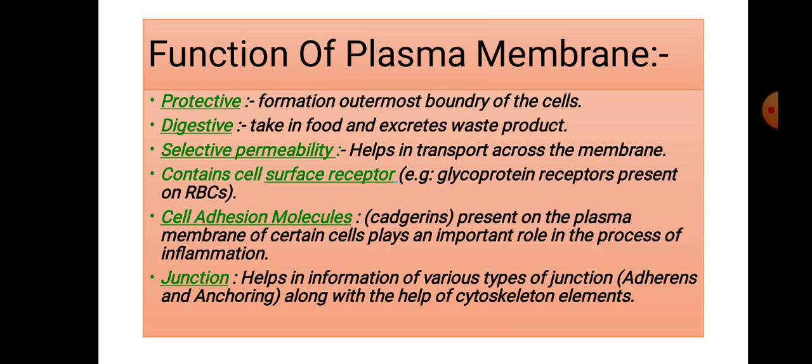Fifth, cell adhesion molecules present on the plasma membrane of certain cells play an important role in the process of inflammation. Sixth, junctions help in formation of various types of junction and adhere, ensured along with the help of cytoskeleton elements.